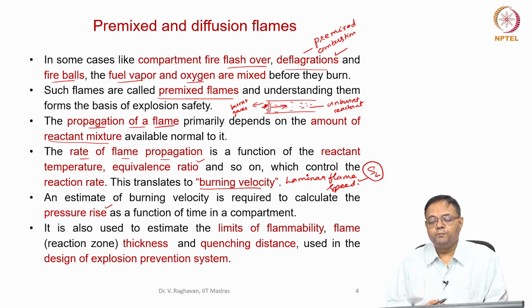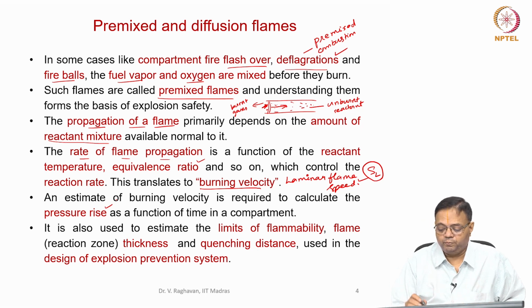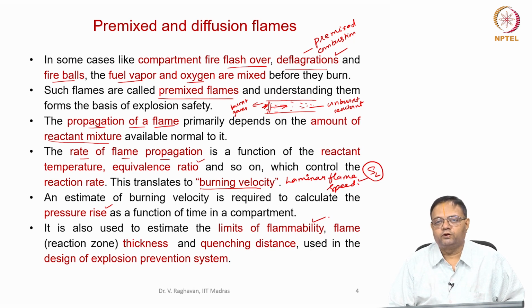Now, one more important set of parameters we can look at is the limits of flammability. As I told you, too lean, that is, if there is very limited fuel and more oxidizer is present, that is called a lean fuel mixture, or a very rich fuel mixture, where a limited amount of oxygen is present but a larger amount of fuel is present.